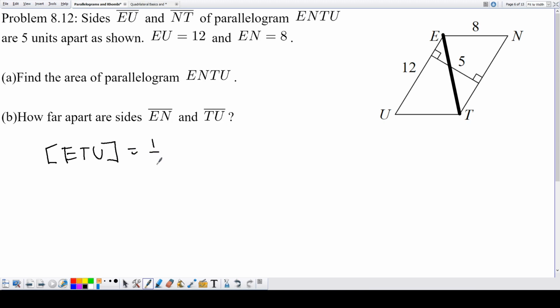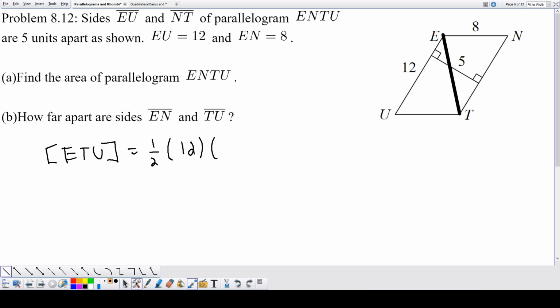That's going to be 1/2. I'm going to say my base of that triangle is 12. So that means that my height is going to be 5, because my height is that distance from the vertex E to the base NT.